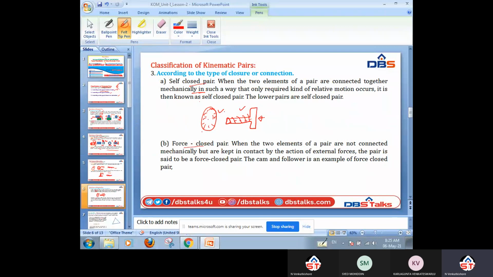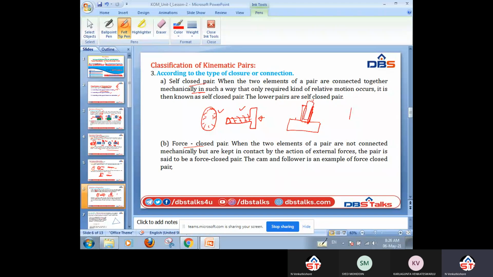Otherwise, force closed. Force closed means, if you consider a footstep bearing, which we discussed in the last class also, there we are placing the shaft inside this by an external force.